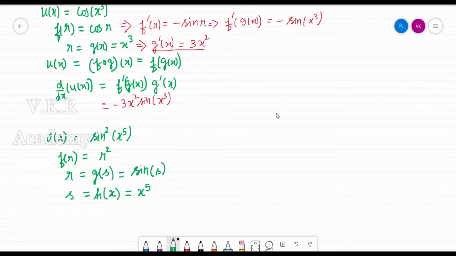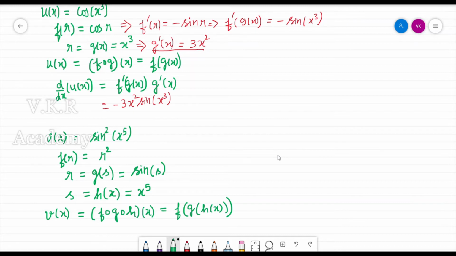So the given function v of x can be written as the composition of three functions: h composite g composite f of x, that is equal to f of g of h of x.